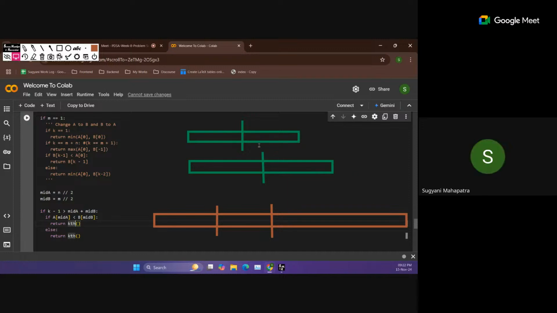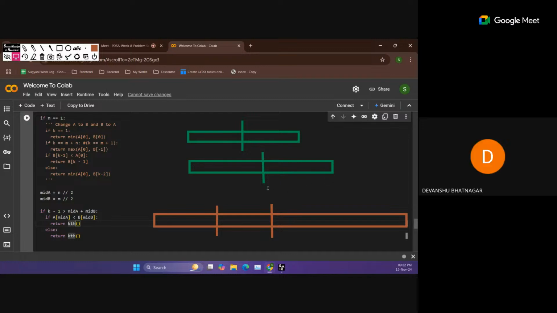To be on the safe side, we can just look into this range and this entire array, right? The entire array of B and the right part of A. Right part of A and right part of B. That makes the most sense, right?